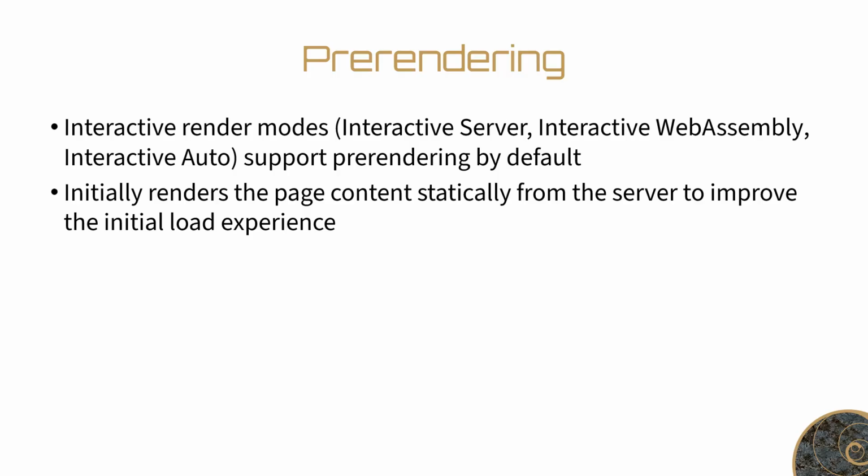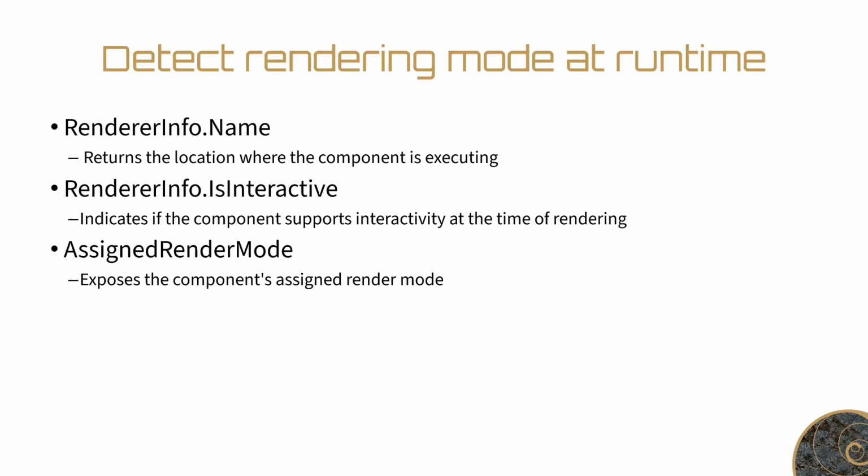You want pre-rendering generally enabled because you want that initial look, but it also creates the problem of double rendering. So the page, first a server static page comes into the browser, it renders, and then a new interactive page comes to the browser, and you kind of can get a screen flicker that happens as a result of that.